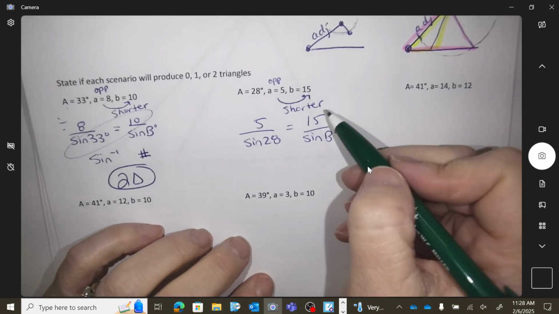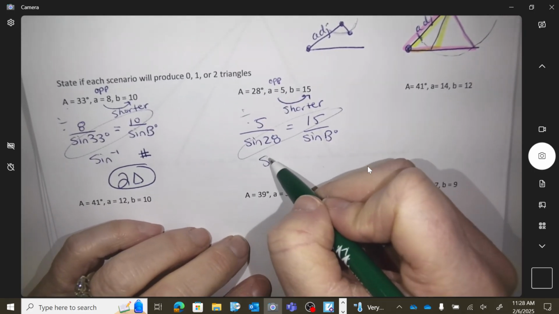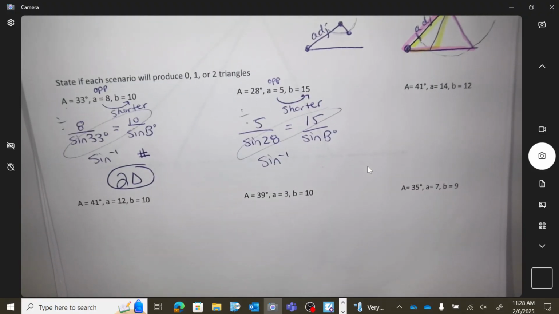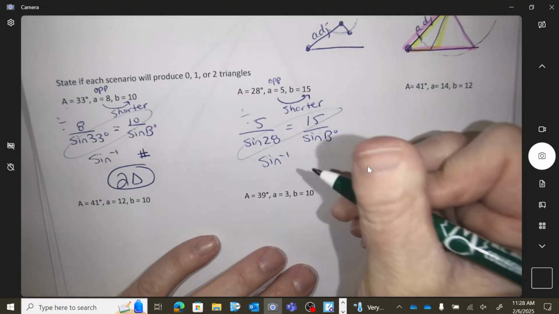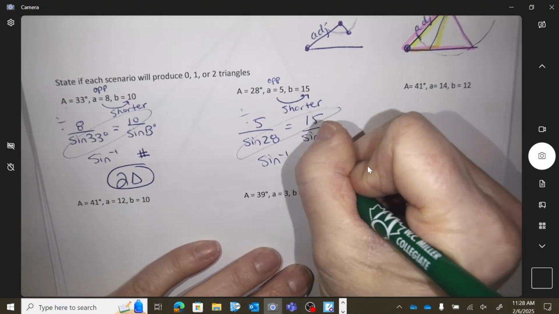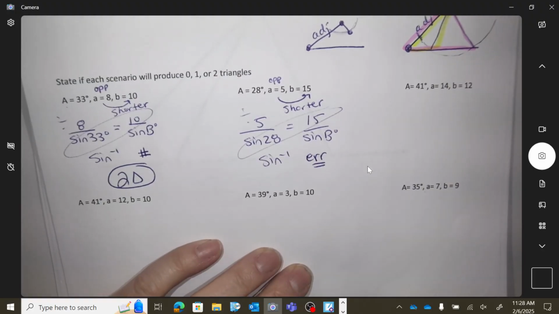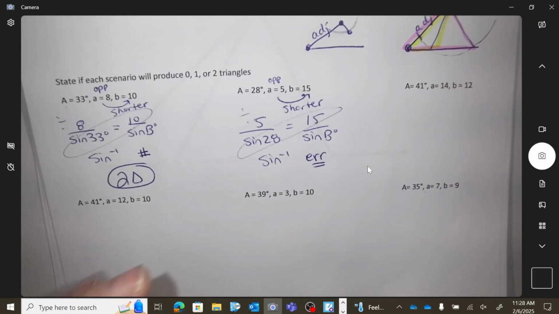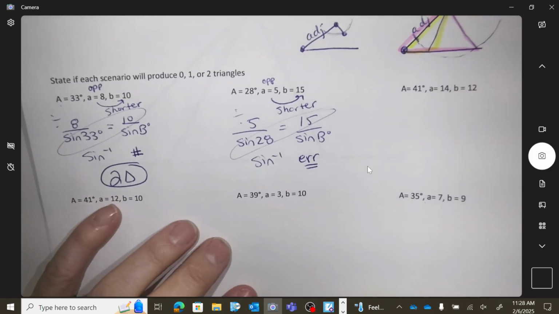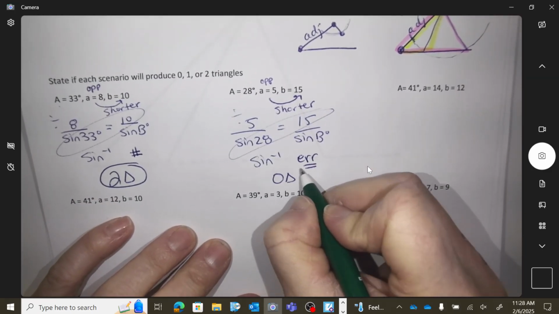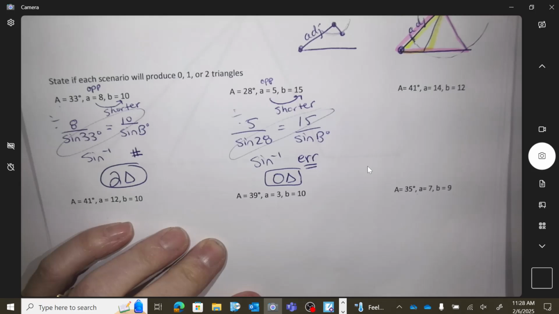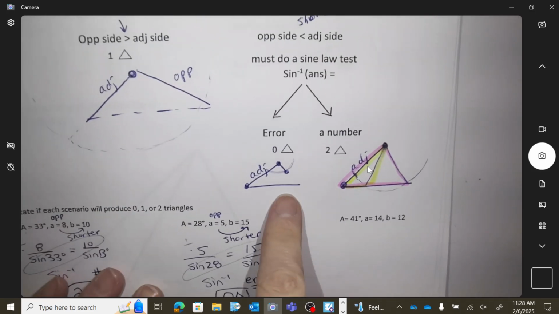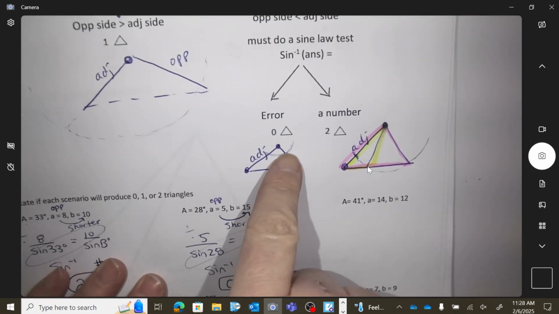My test is going to have me doing times, divide, inverse. I'm trying to get this angle. Calculator should be telling you there's an error. Okay, that's right. If you're wondering, that looks weird, that's what it will be. So there's no triangles in this one. So the drawing of it would look like this. That side was just too short.